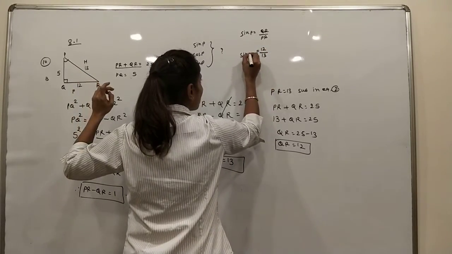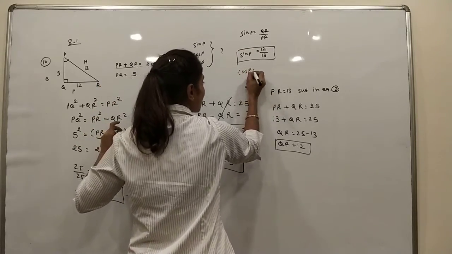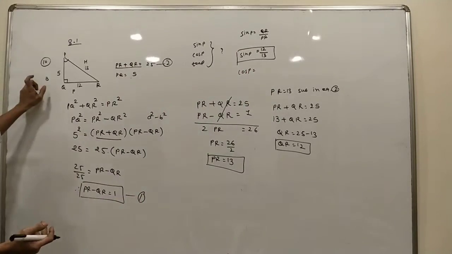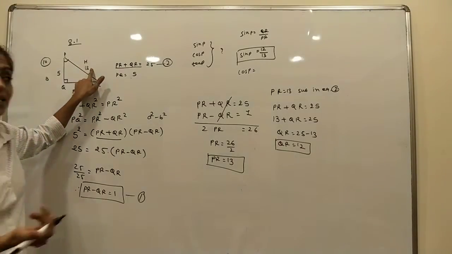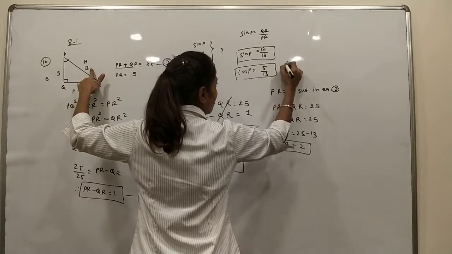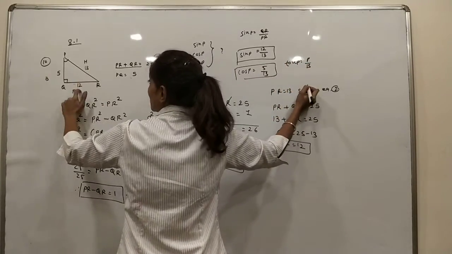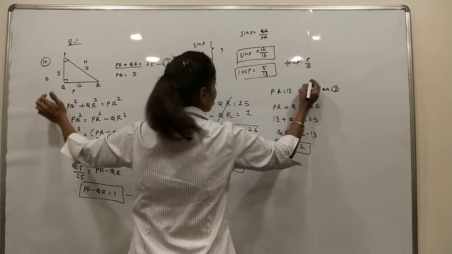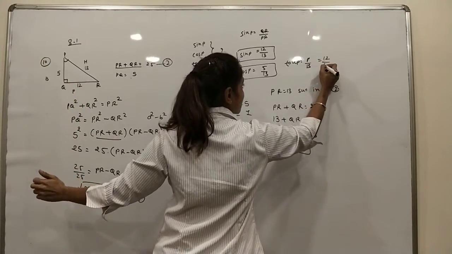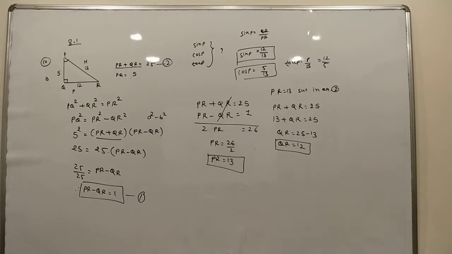So sin P is 12 by 13. Now cos P is B by H, which is 5 by 13. Got it? 5 by 13. And tan P is P by B, that is 12 by 5. Okay?